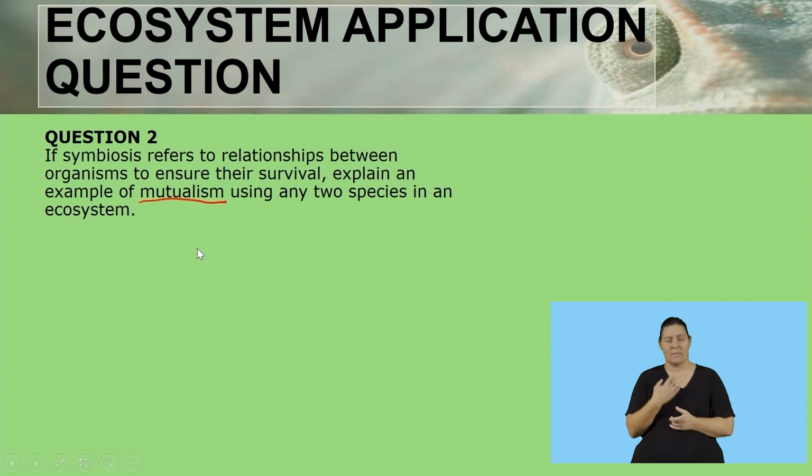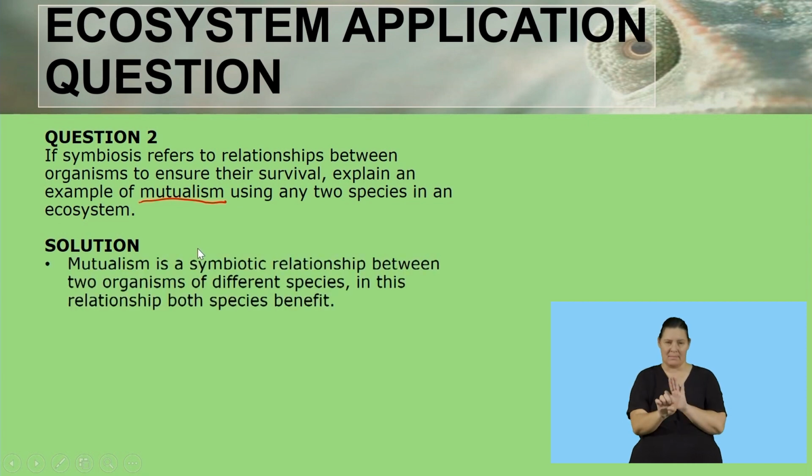The one that I chose to use was the example between the bee and the flower. So the first thing that you have to do is explain the term mutualism. This is a symbiotic relationship between two organisms of different species, and in this relationship, both species benefit.